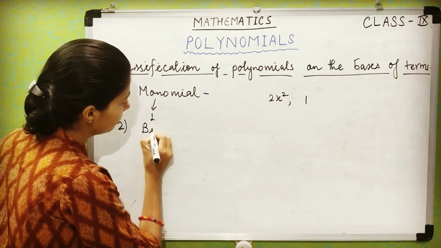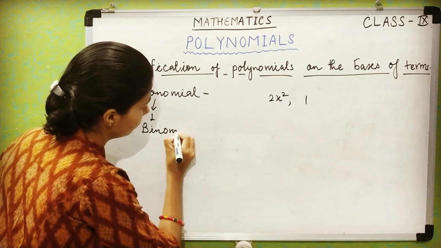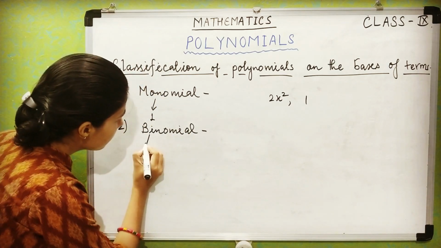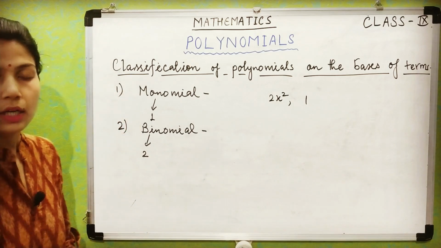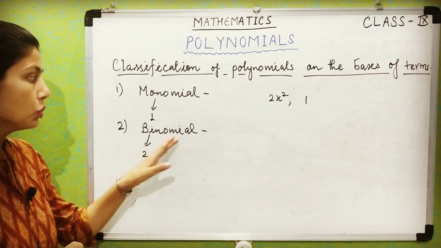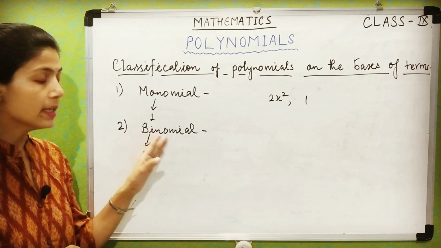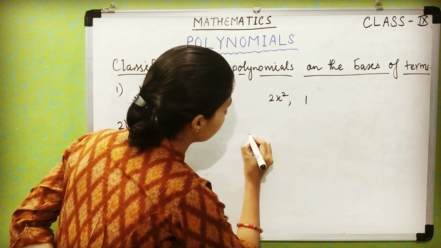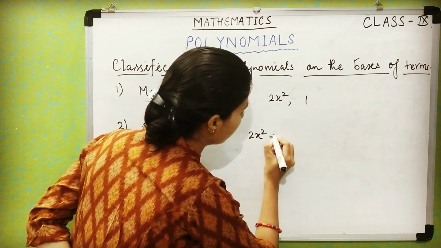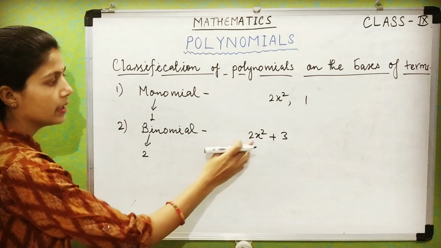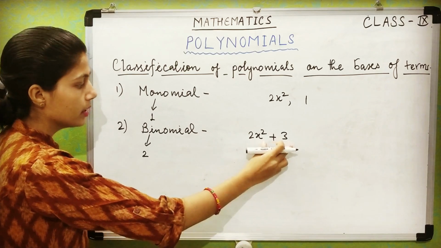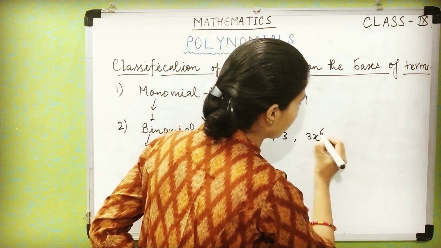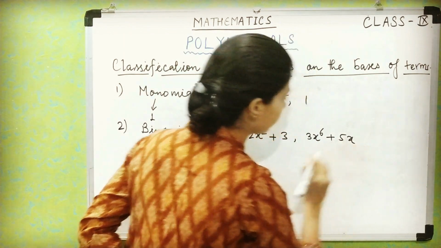Now come to the second, binomial. Bi means 2. If any polynomial contains 2 terms then it will be called a binomial. Let's take the example 2x square plus 3. See here there are 2 terms, that is why it is a binomial. Or 3x raised to power 6 plus 5x.